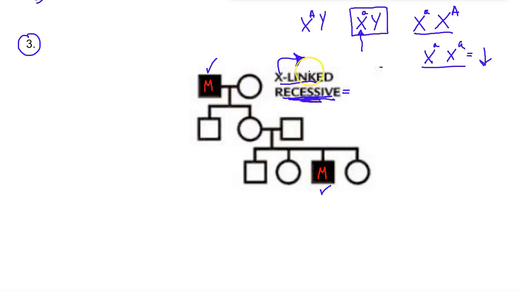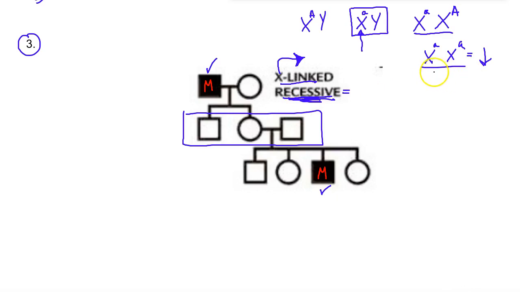I taught you in the autosomal recessive that we can skip what? Generations. Why? Because we have carriers that can carry the broken allele to the next generation. But to know it's sex-linked by looking at these diagrams, you'll see a larger proportion of males having these disorders than females.